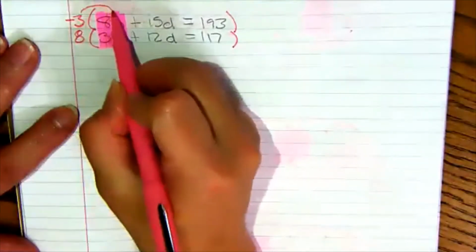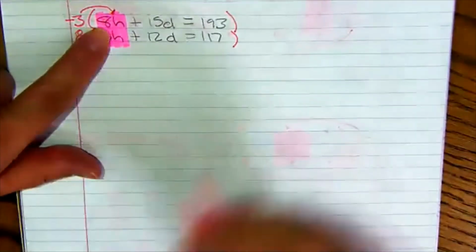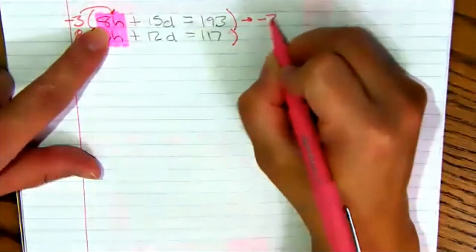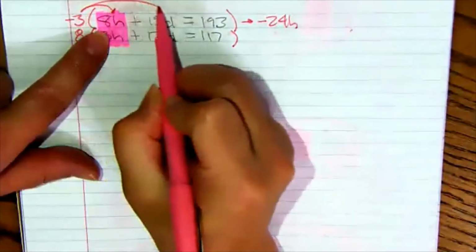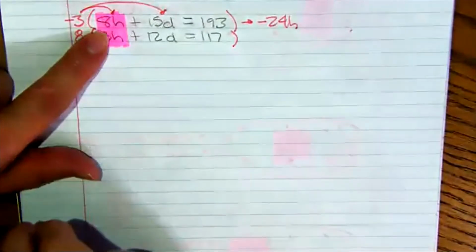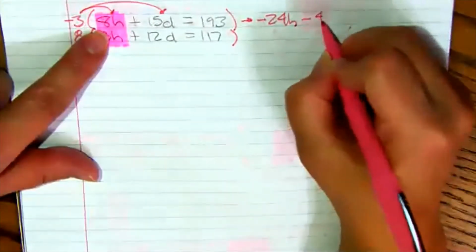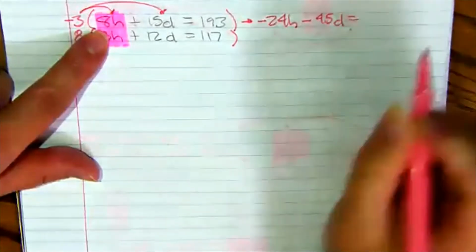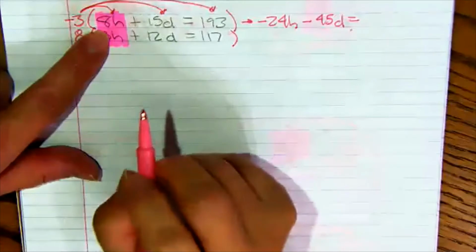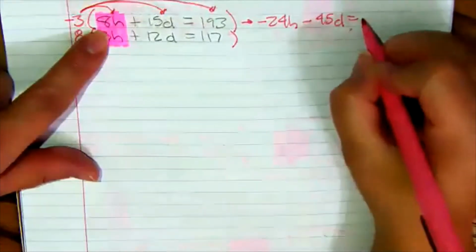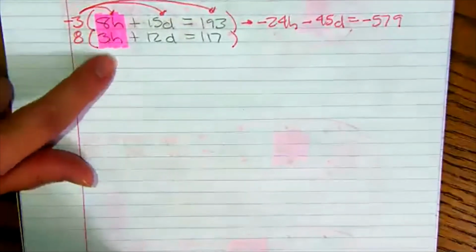Okay, let's use the distributive property. -3 times 8h is -24h. -3 times 15d is -45d. And -3 times $193 is -$579.